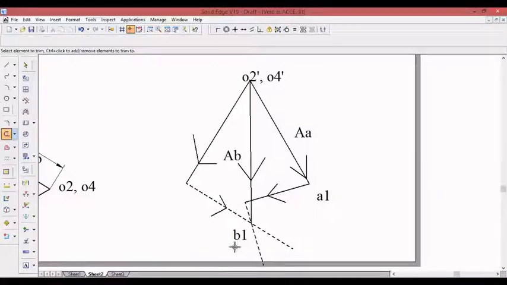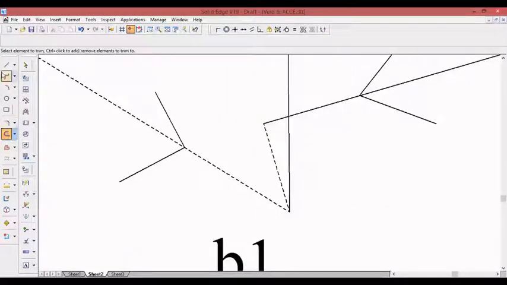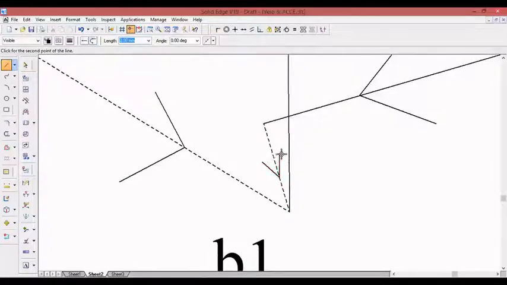I will trim the unwanted line now. If I trim the interior part of these two, what we have here is the tangential component of acceleration BA.